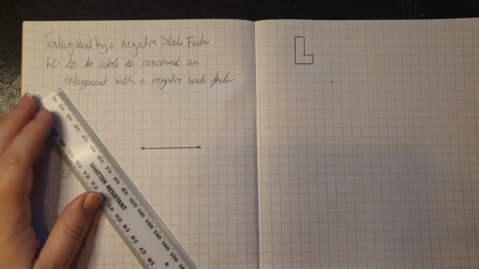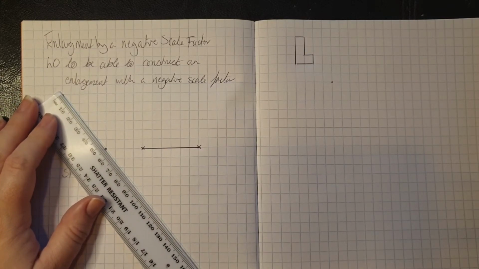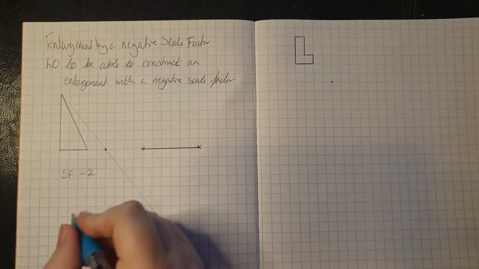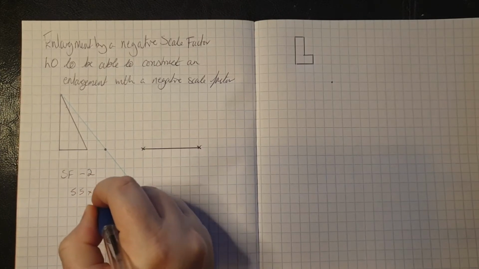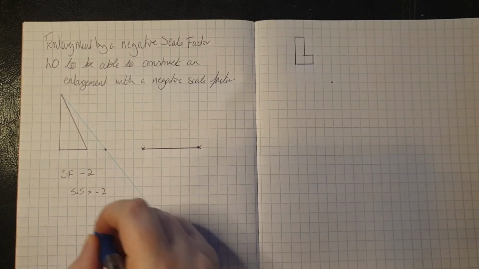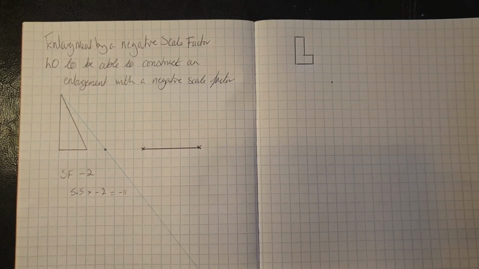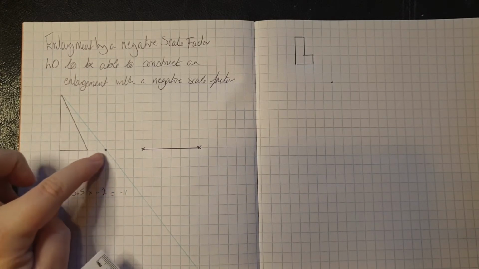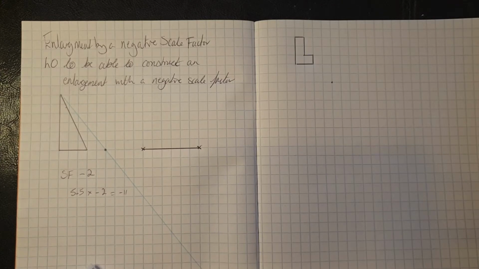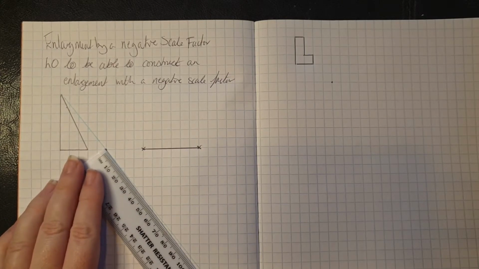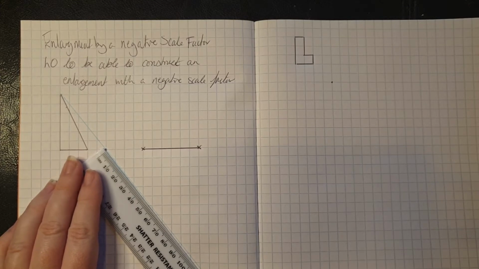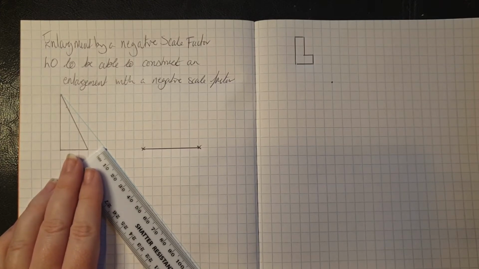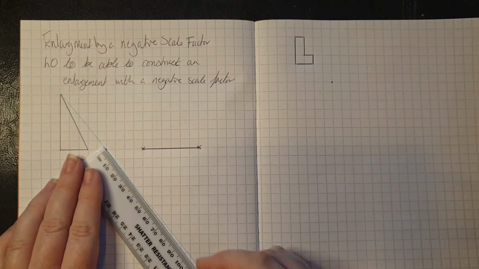I'm then going to measure how far it is, and that's 5.5. So quick jotting, 5.5 times -2 gives me -11. So if I do 11 from here, there it is. Oops, it's there.